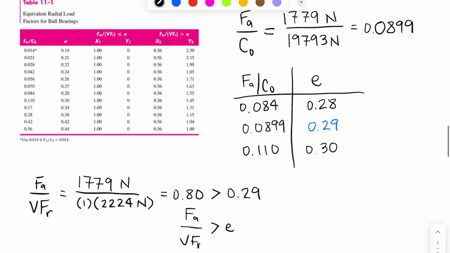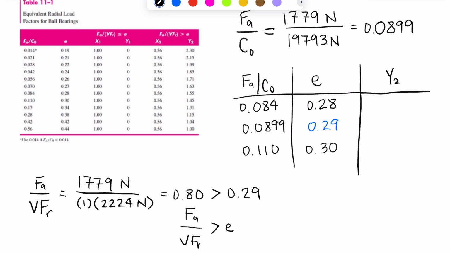If I look at my table here, I can see that X2, no matter what I do, is going to be 0.56. But now Y2 varies depending on this value of Fa over C0. So I've got to do linear interpolation once again. I'm just going to extend this table and add Y2 in here.